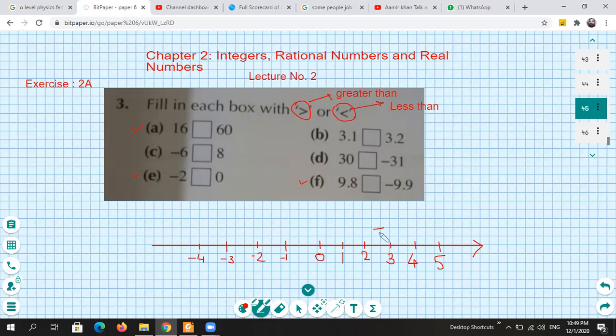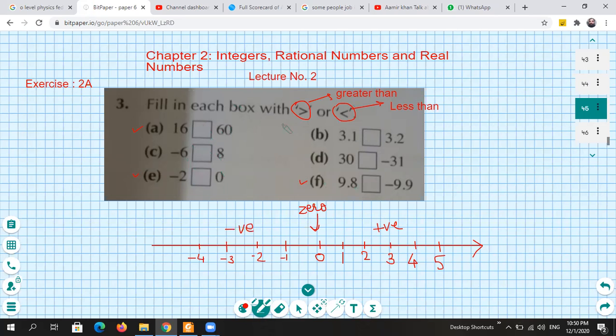So these are positive numbers, and this region consists of negative numbers, and this is 0, which is neither positive nor negative. 60 will be on the right side of 16 on this number line, so 60 is greater than 16.